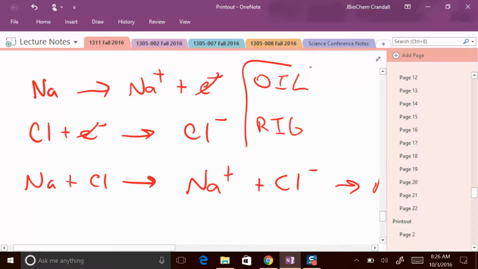So this is how you can remember oxidation reduction. OIL RIG. Oxidation is loss. Reduction is gain. Because you have to be able to identify that. You're going to have a chemical reaction, and you're going to have to look at that reaction and identify what has lost electrons, what has gained electrons, and then identify the thing that was reduced and the thing that was oxidized.